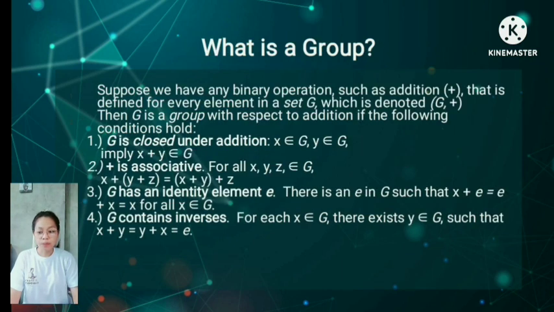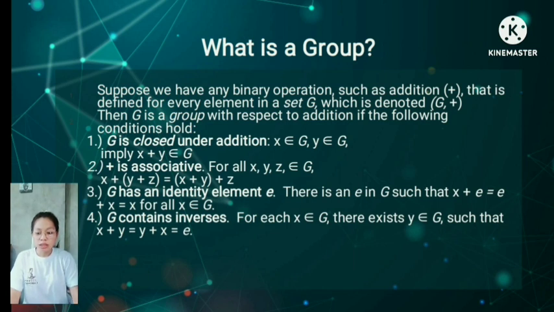What is a group? Suppose we have any binary operation, such as addition (+), that is defined for every element in a set G, denoted (G, +). Then G is a group with respect to addition if the following conditions hold.